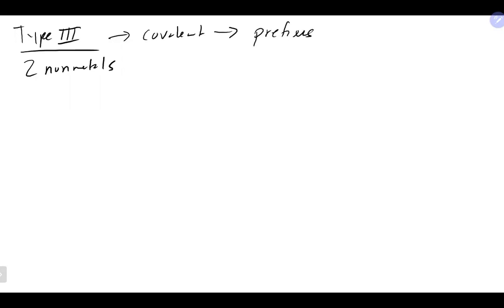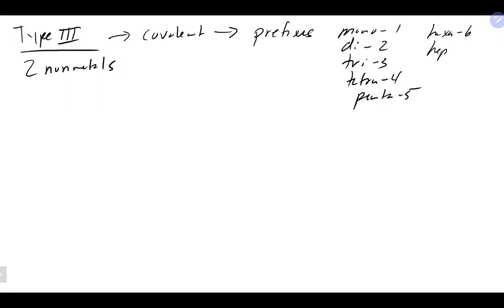So our prefixes, basically, we have mono for 1, di for 2, tri for 3, tetra for 4, penta for 5, hexa for 6, hepta for 7, octa for 8, nona for 9, and deca for 10.